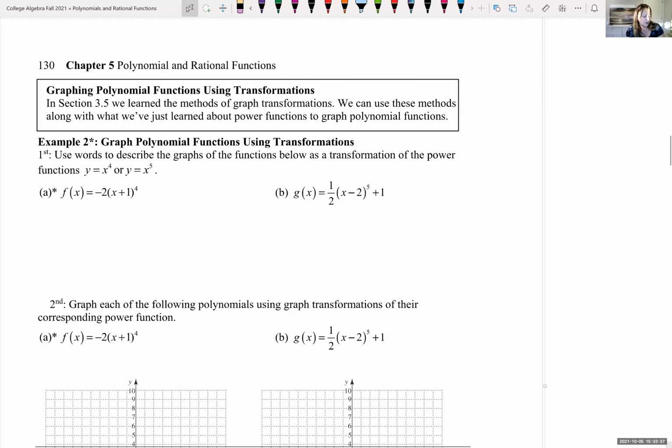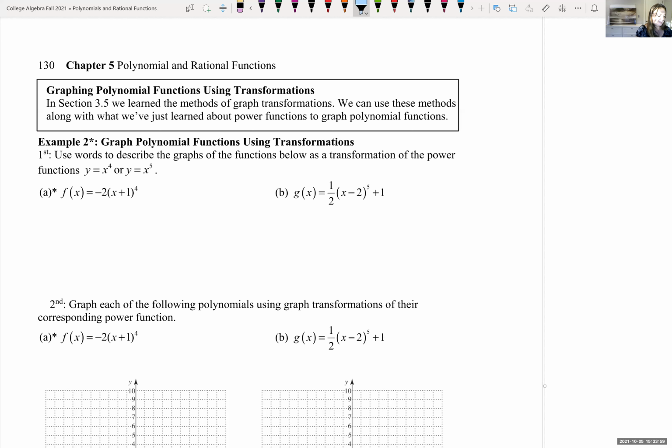Okay, so we learned how to graph using transformations a couple of chapters ago, in 3.5. So we can use those methods along with what we've just learned about the power function to graph the polynomial function y equals either x to the fourth or y equals x to the fifth.